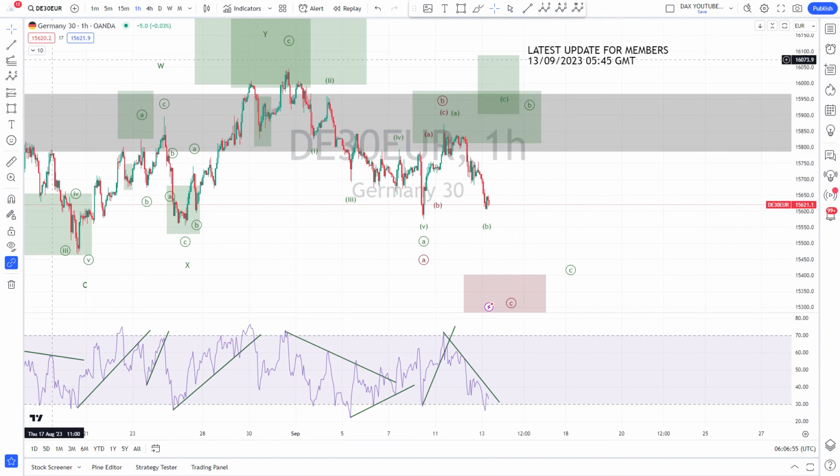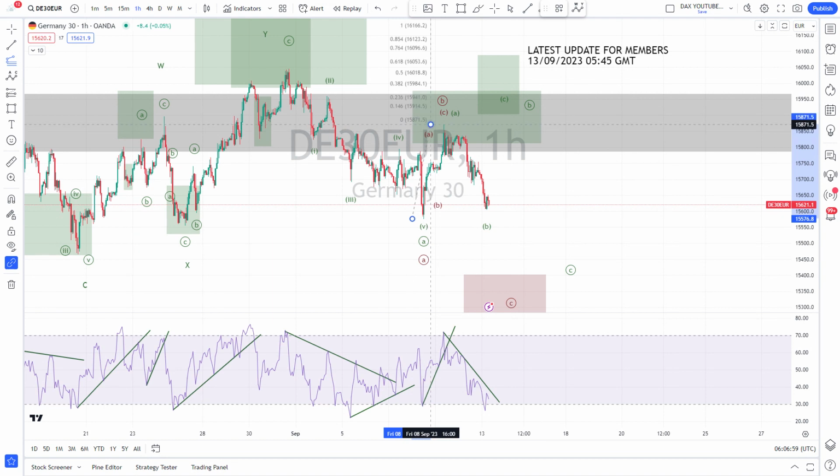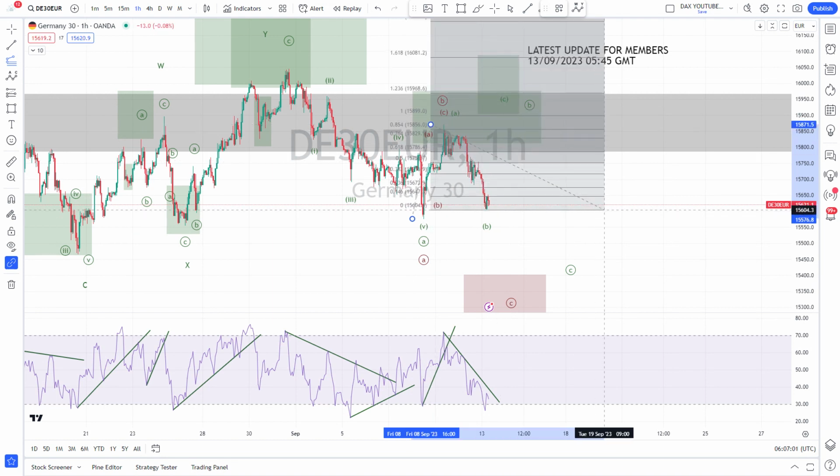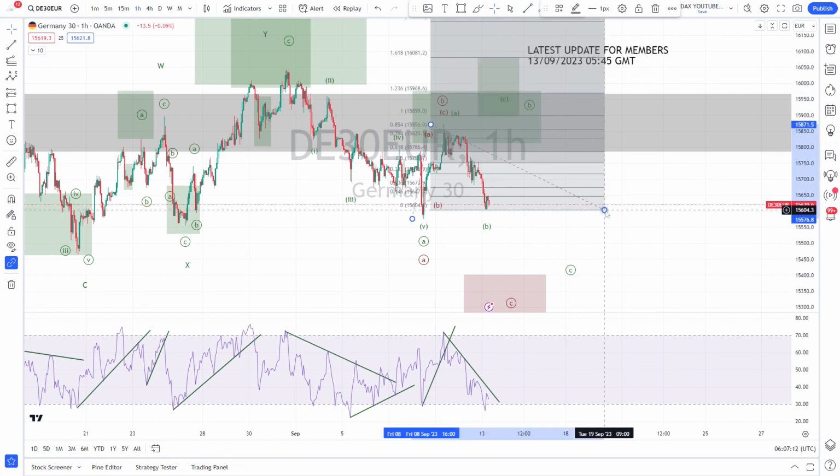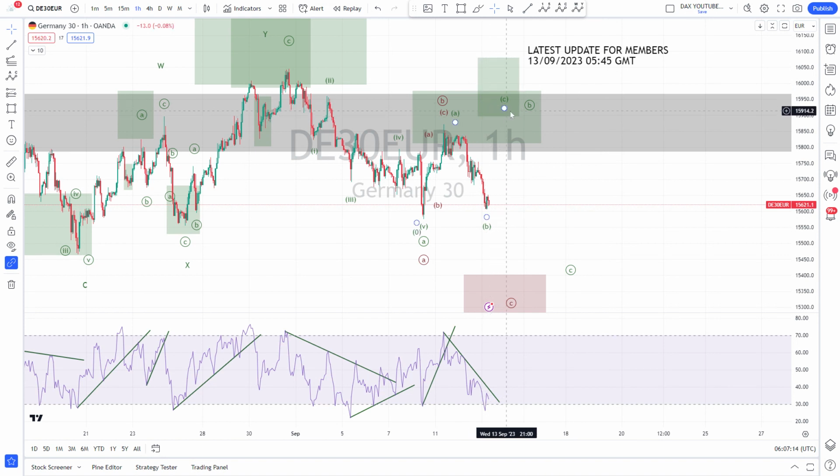into this area. So if we take the length of our wave A, the length of our wave B, and assuming that the low was in here, then this becomes our target, the area between the 1 and the 1.618 FIB extension. So this nicely coincides with the wave B area.